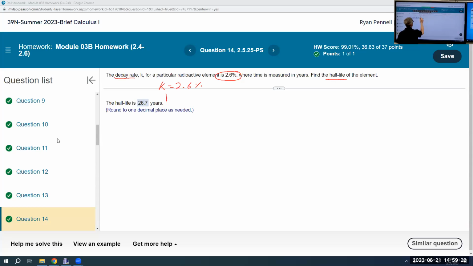So that probably means that R equals negative 0.026, just going from the previous problem with our answer going backwards, that would have to be true. They want the half-life, that means we're solving for time. Solve for time.